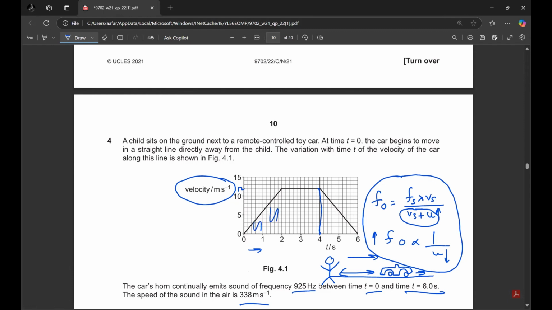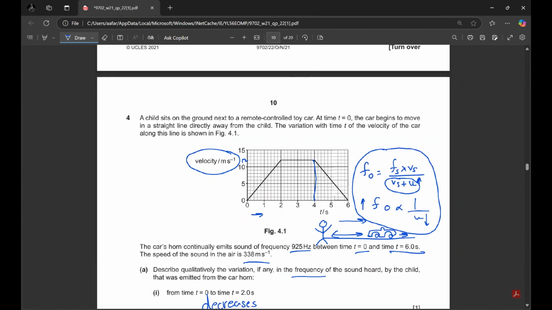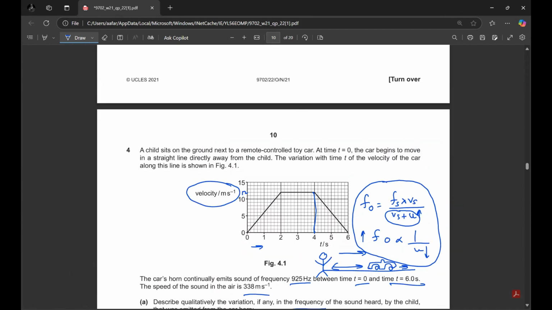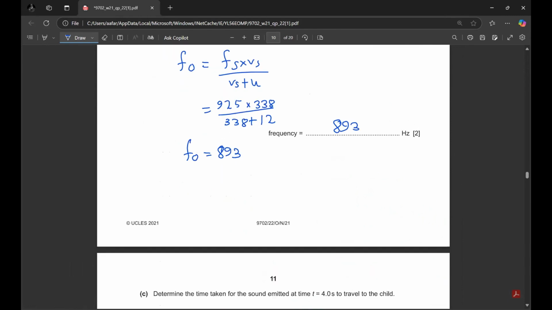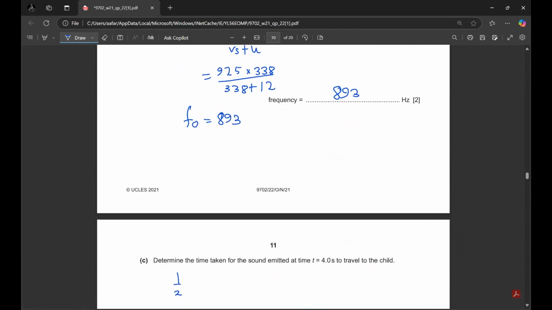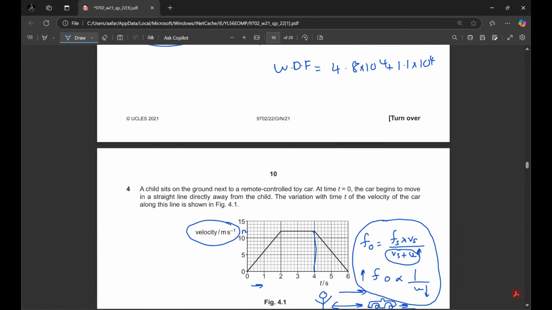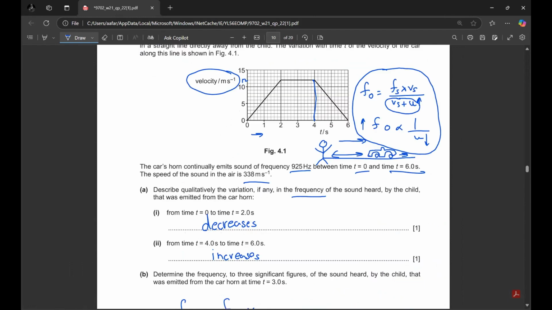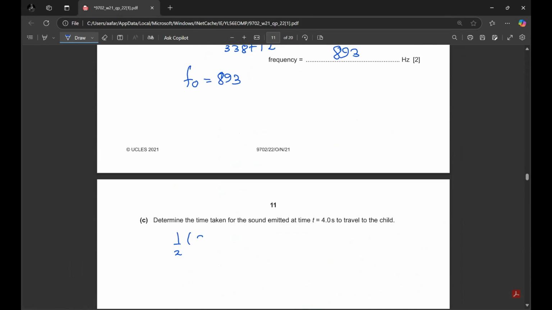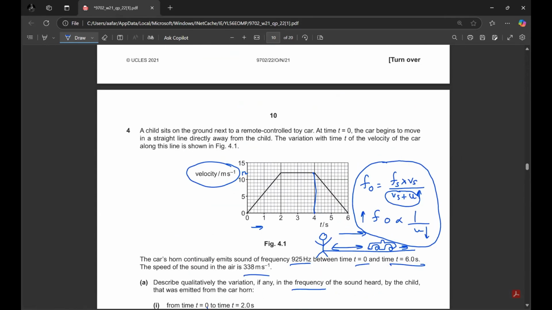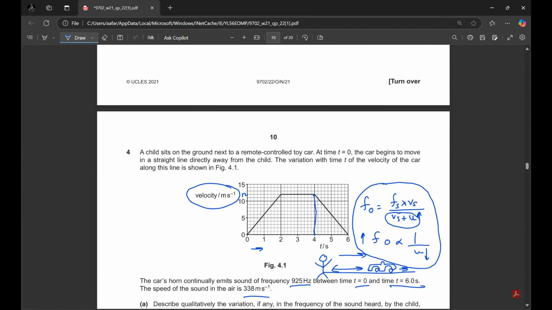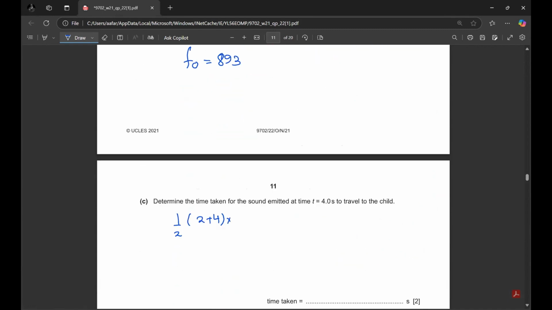You can add the area of the triangle and the square separately, or a faster way will be to add the area of the trapezium itself, which will be half into the sum of the parallel sides, which is 2 plus 4, into height, which is basically 12.